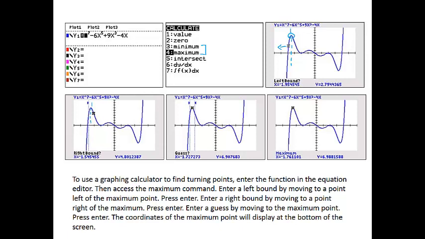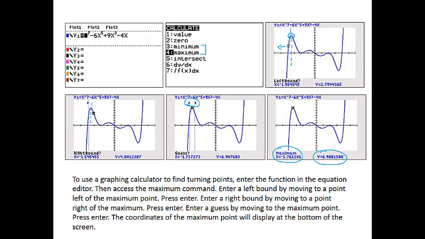So for you to guess, you're going to move the cursor somewhere between those two marks, and then you're going to press enter. And down at the bottom of the screen, it's going to display the coordinates of that particular point. And then you'll just continue to repeat this for each of those maximum or minimum points that you have.